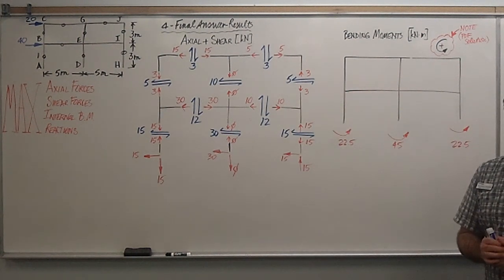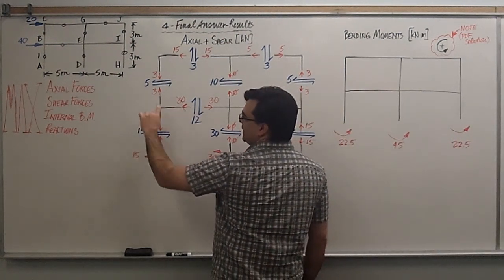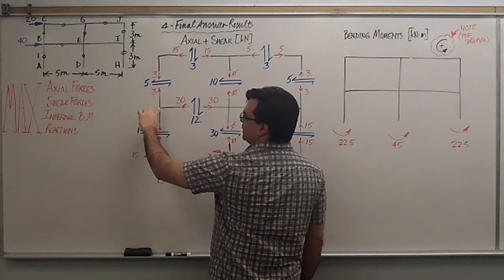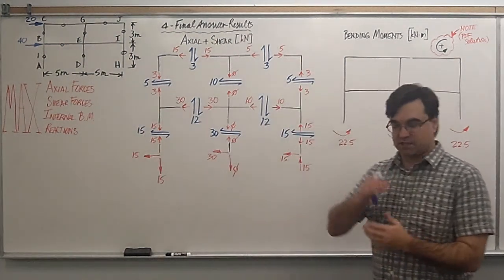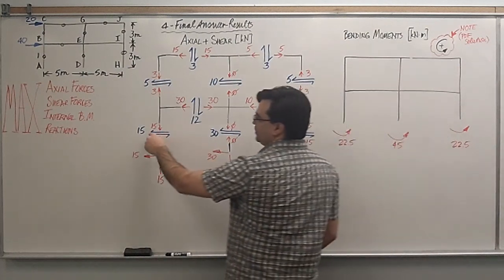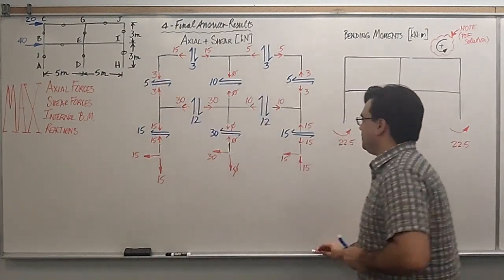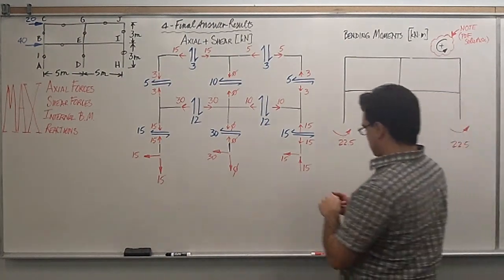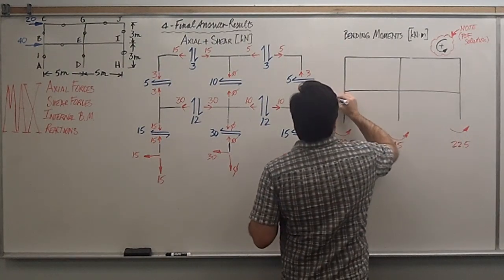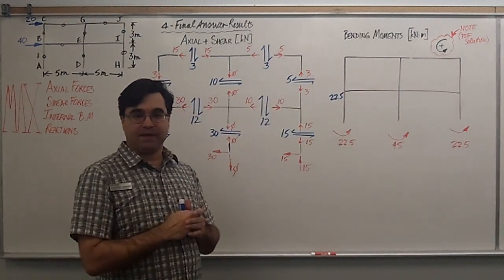And the way we do that is the shear times that distance, which is the half distance. So in this case, the moment there is going to be 15 times that distance, which is 1.5. 15 times 1.5 is 22.5.